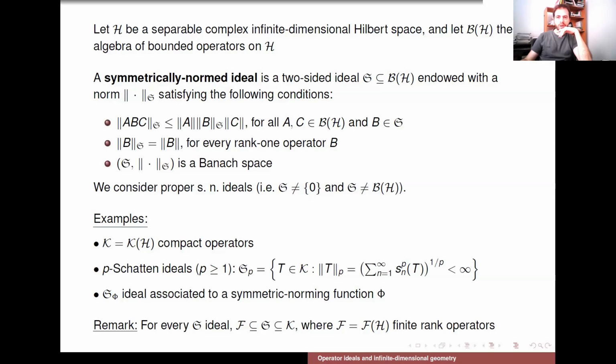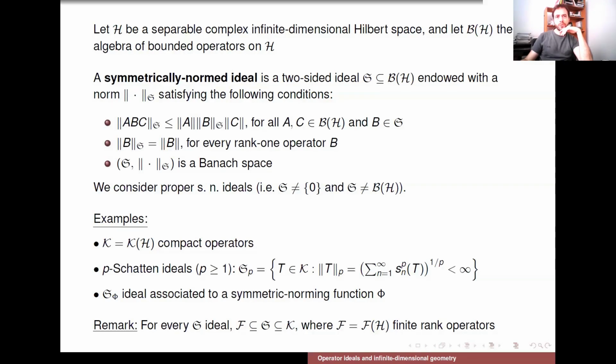Again, H is a separable complex infinite dimensional Hilbert space, and B(H) the algebra of bounded operators on H. Recall that from our first lecture, we defined operator ideals as two-sided ideals of this algebra of bounded operators.